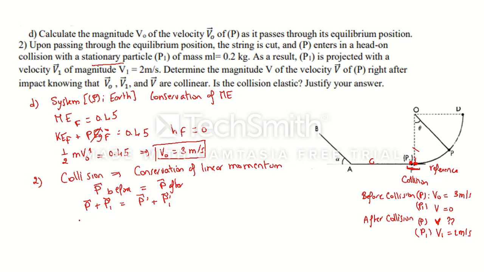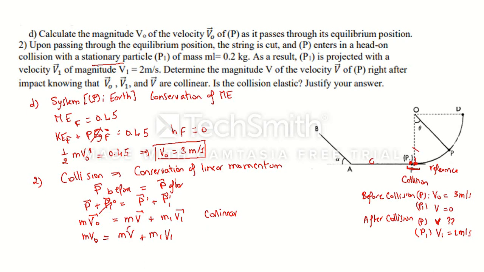Before the collision I have the mass m and V0. For the second one it's 0 since it's stationary. And it equals mv, which is to be found, plus for the second particle m1 v1 vector. But since the velocities are collinear, I can remove the vector and write it like this. So it's mv0 equals mv plus m1 v1.